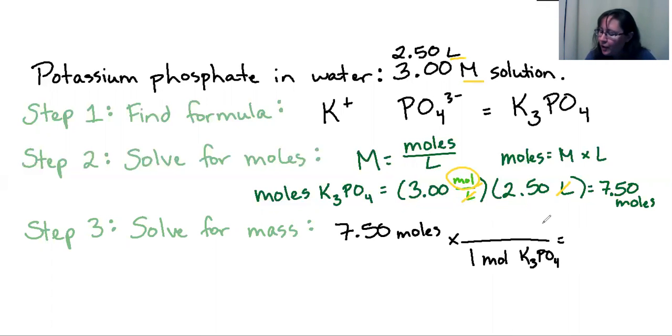And I have 3 potassiums, so 3 times 39.098, plus my phosphorus, which is 30.974, plus 4 oxygens, 4 times 15.999, and the answer that I get for this is 212.264 grams K3PO4.